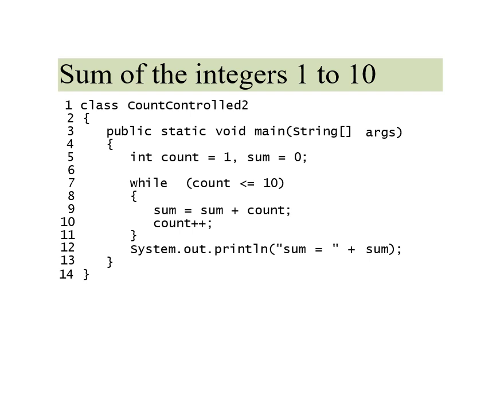So the body is going to be executed for count equals 1, 2, 3, 4, 5, 6, 7, 8, 9, 10. But then when count gets up to 11, the relational expression on line 7 is going to go false, and then you quit.